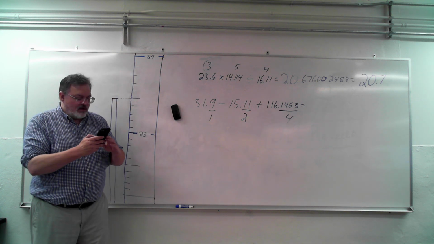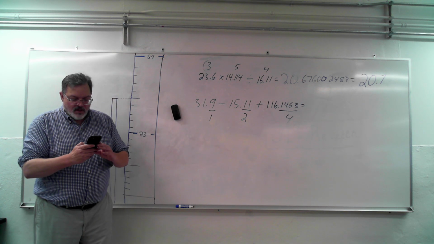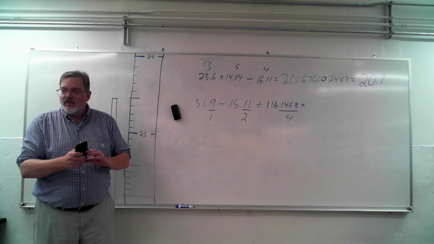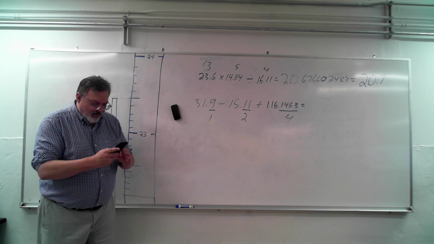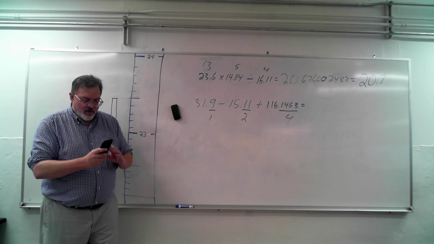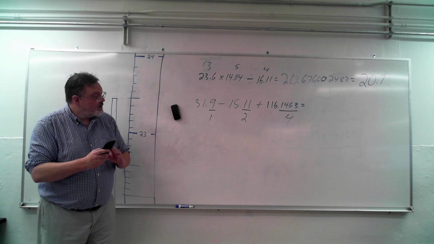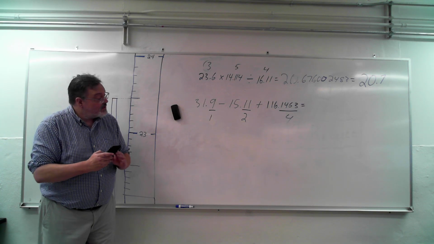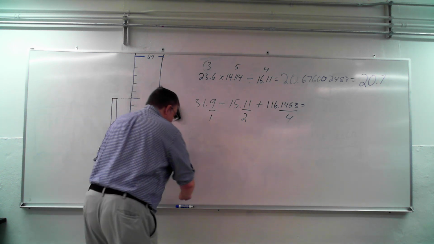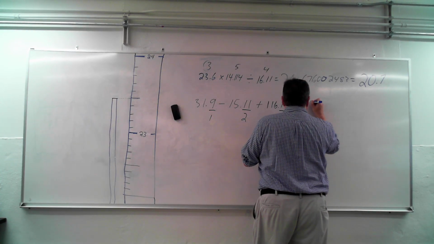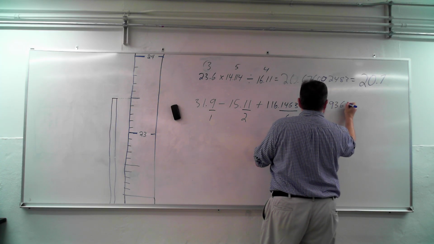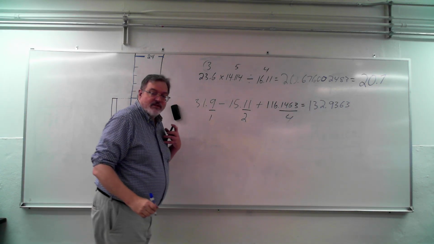Again, going to use a calculator. 31.9 minus 15.11 plus 116.1463. And my calculator says, this is everything my calculator gives me. 363. That's what my calculator says.